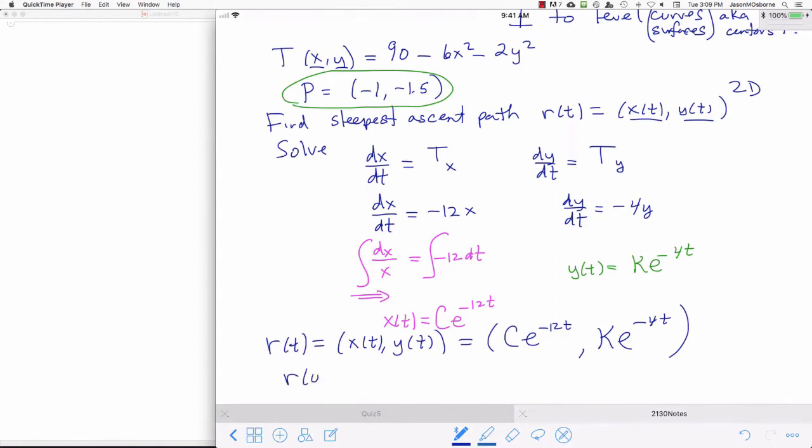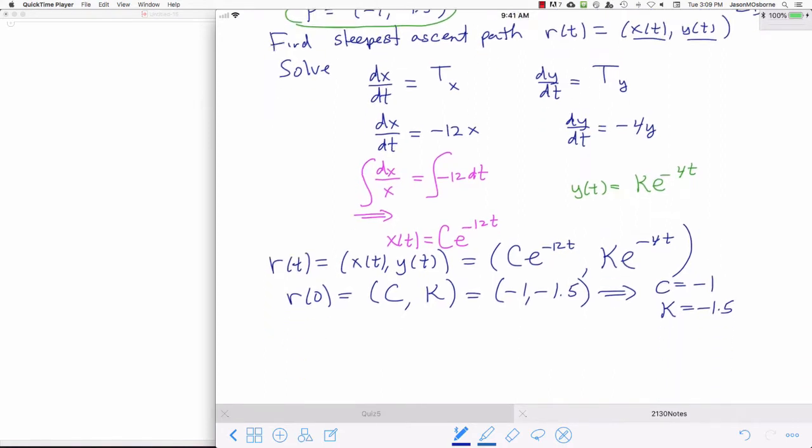When you look at, say, the easiest time to evaluate, time 0, e to the 0 is 1, so we want our curve at time 0 to go through the point of interest, which means that the constant c is -1 and the constant k is -1.5.